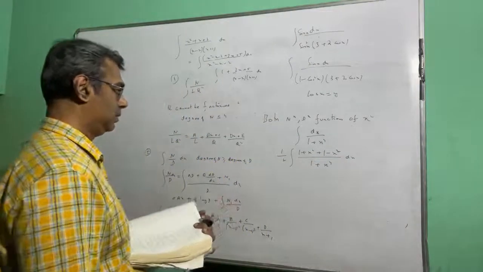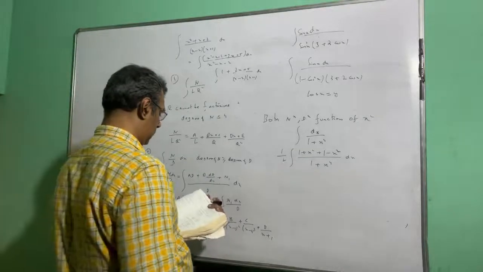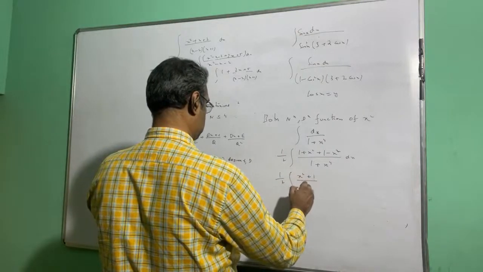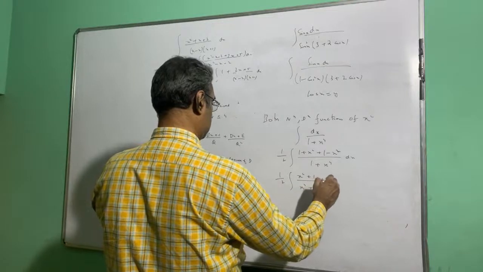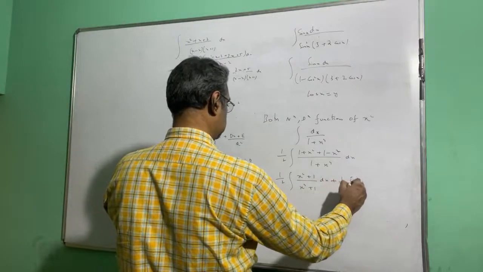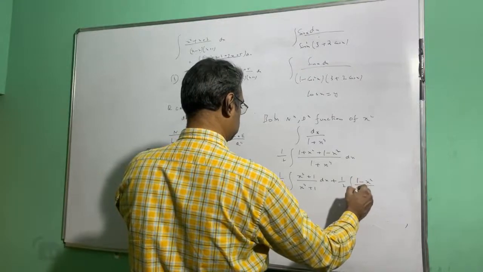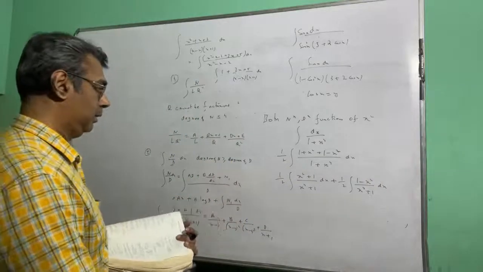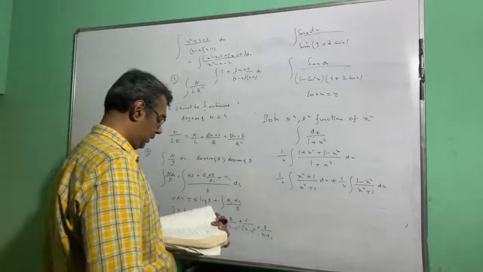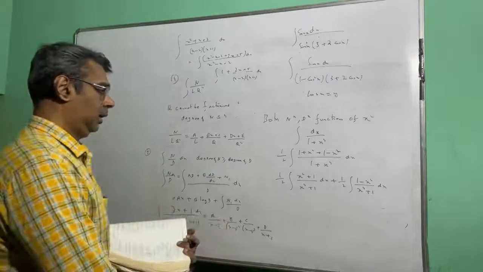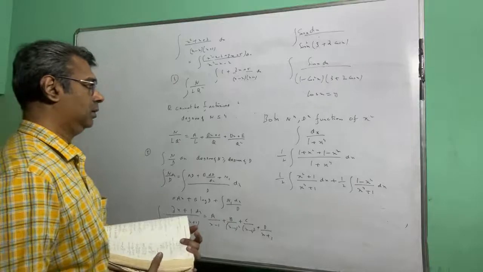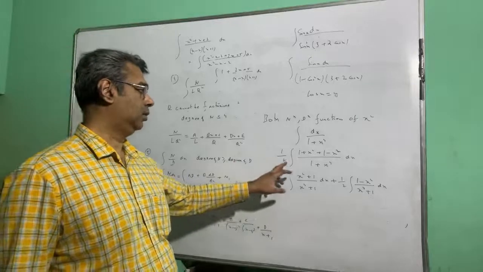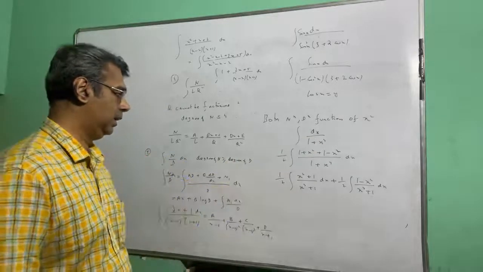So half 1 plus x square plus 1 minus x square by 1 plus x to the power 4. This will become half x square plus 1 by x to the power 4 plus 1 plus half 1 minus x square by x to the power 4 plus 1. I'll repeat again. Suppose both the numerator and denominator are fully a function of x square. Then you split it like this.